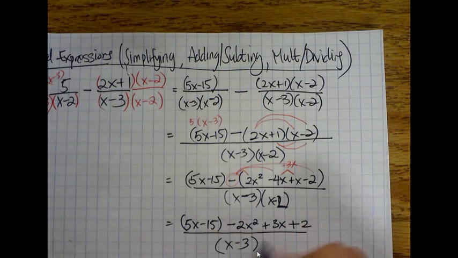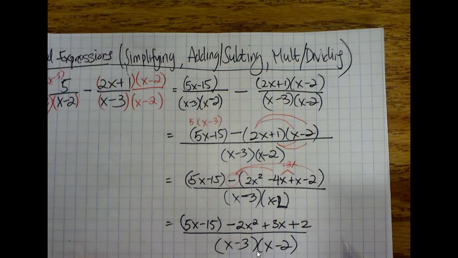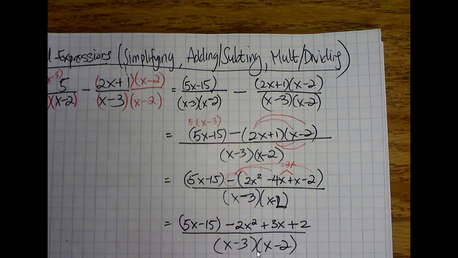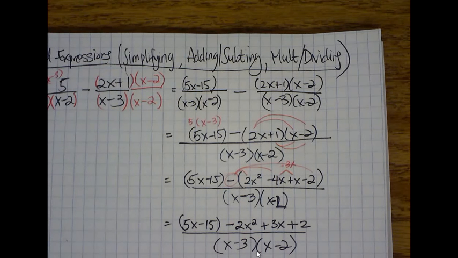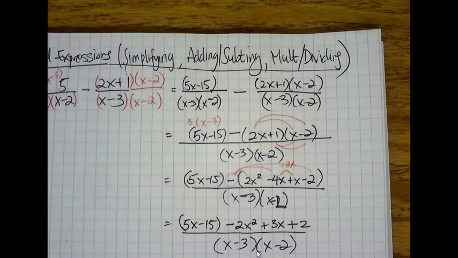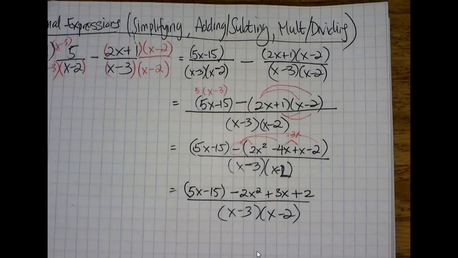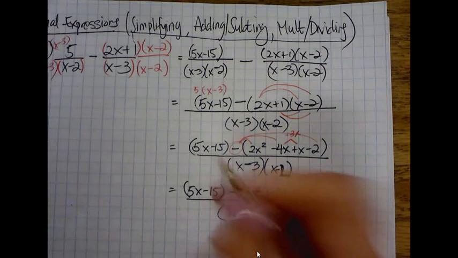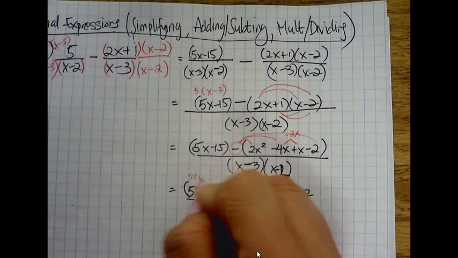Okay. Now what? Combine like terms. What did you say? Switch them? Switch or squish? Oh, squish. Okay, yes, combine like terms. Now, remember, if you had left this factored, at this point, can I squish these?